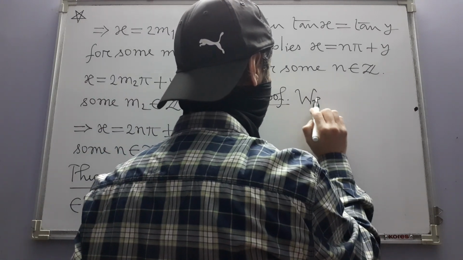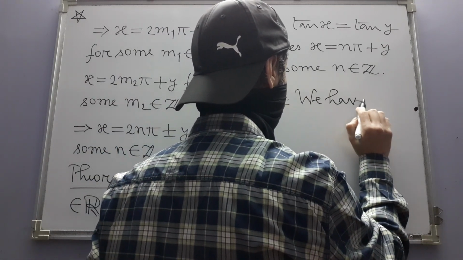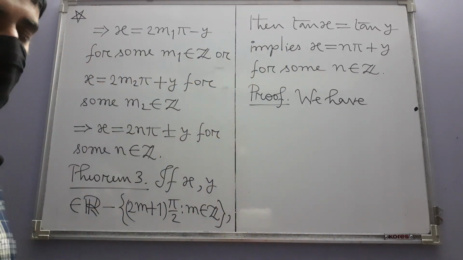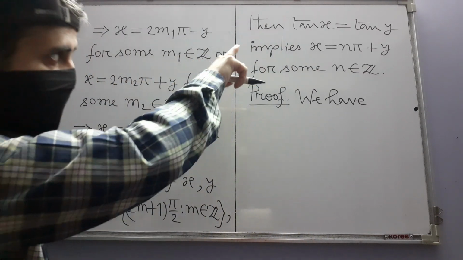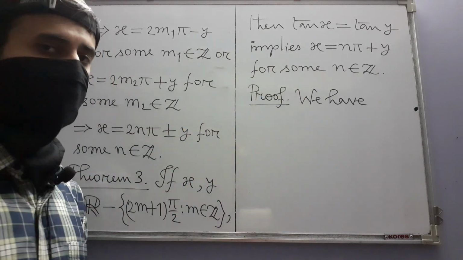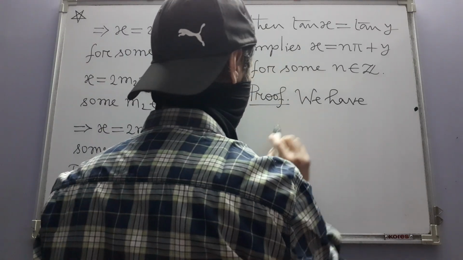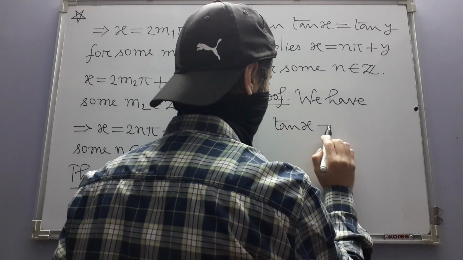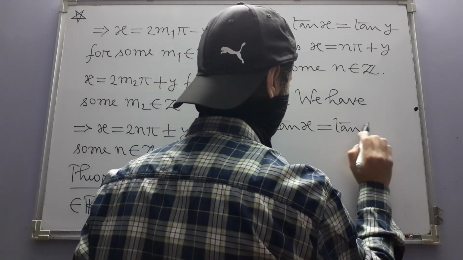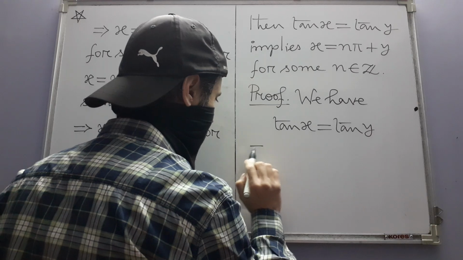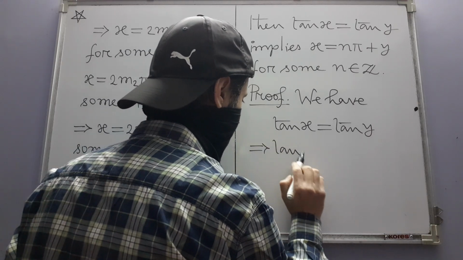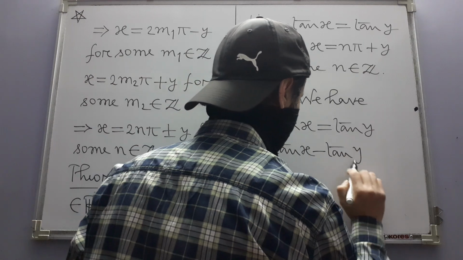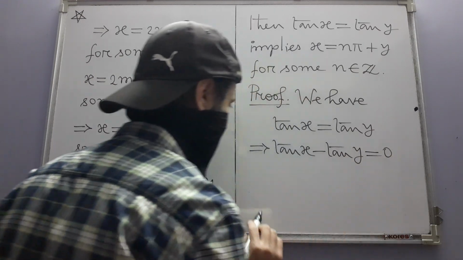In order to solve equations involving these things, we need both this implication and the converse. So this implies tan x minus tan y equal to 0.